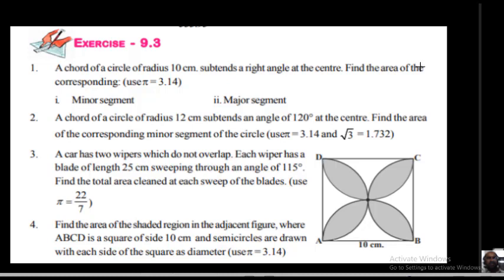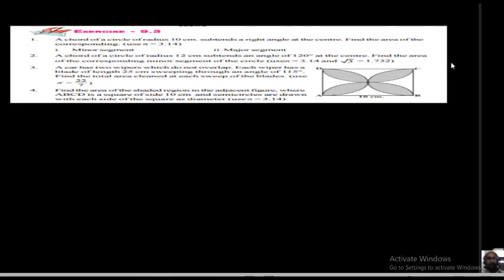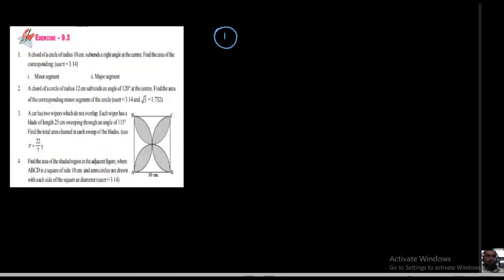Find the area of the corresponding minor segment and major segment. Both we should find. Radius is 10. First of all, I want a rough diagram for that.